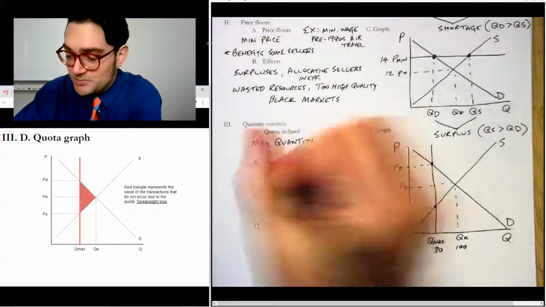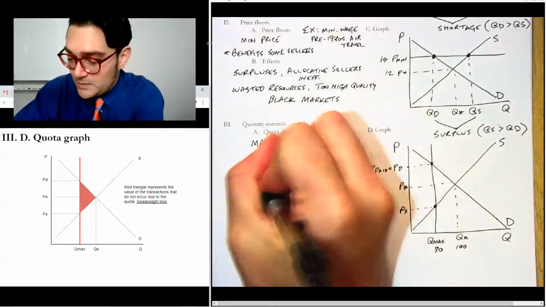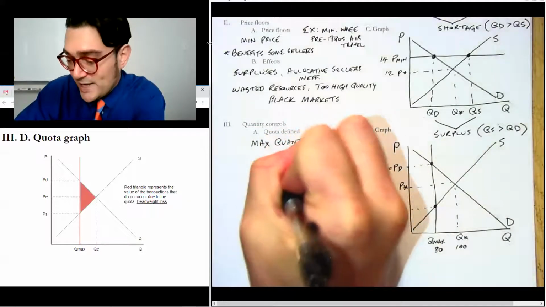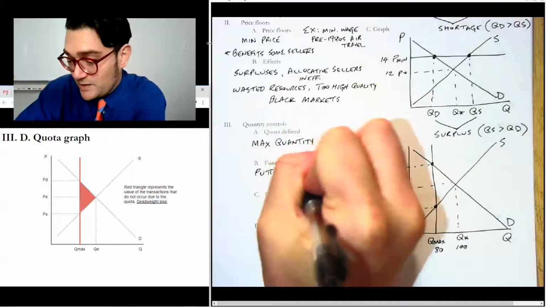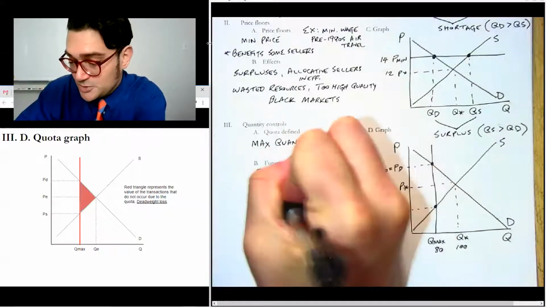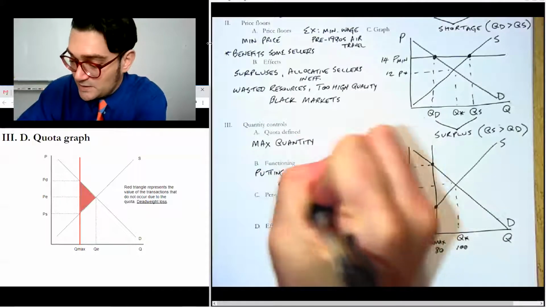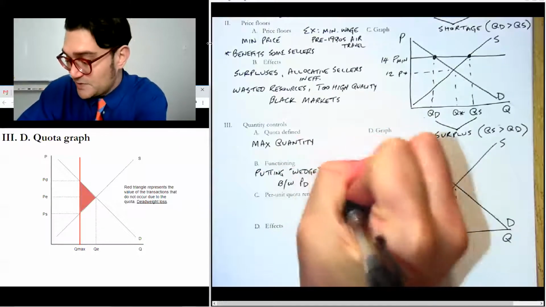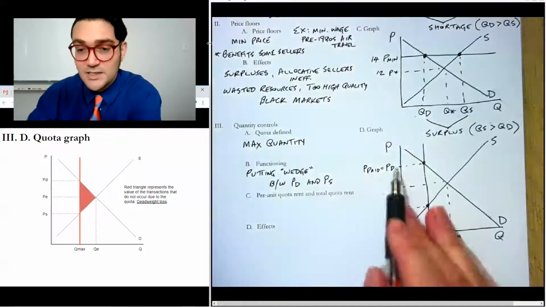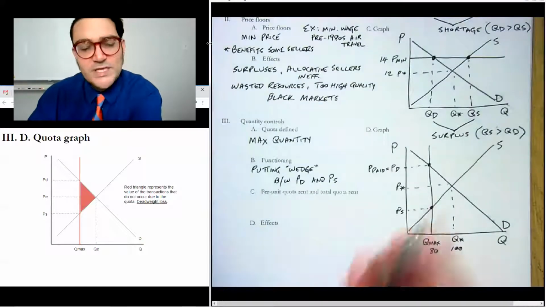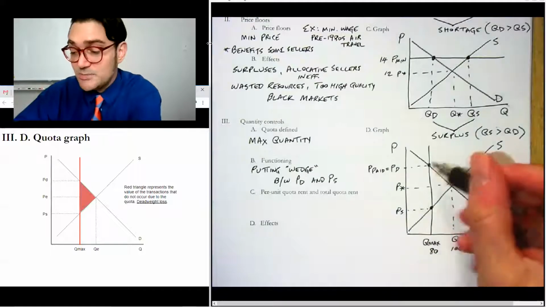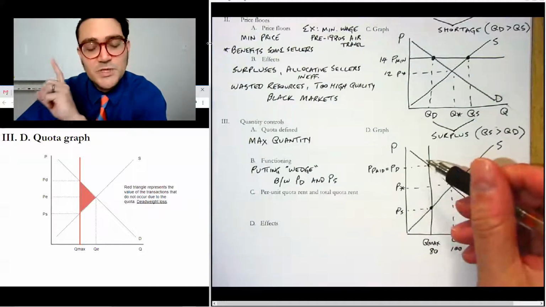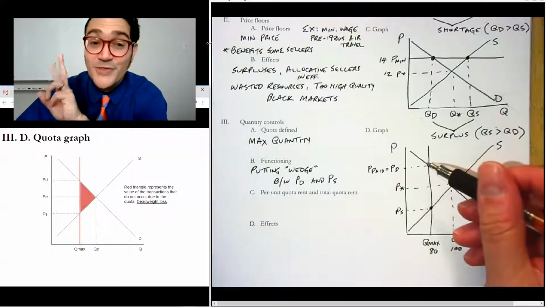So that functions by putting a wedge, right, is a way to think about this. A wedge between the price of the demand and the price of the suppliers, right? The supply price and the demand price. And we talk about that wedge because it's an important difference. It's the difference between what the seller's willing to do it for and what they get.